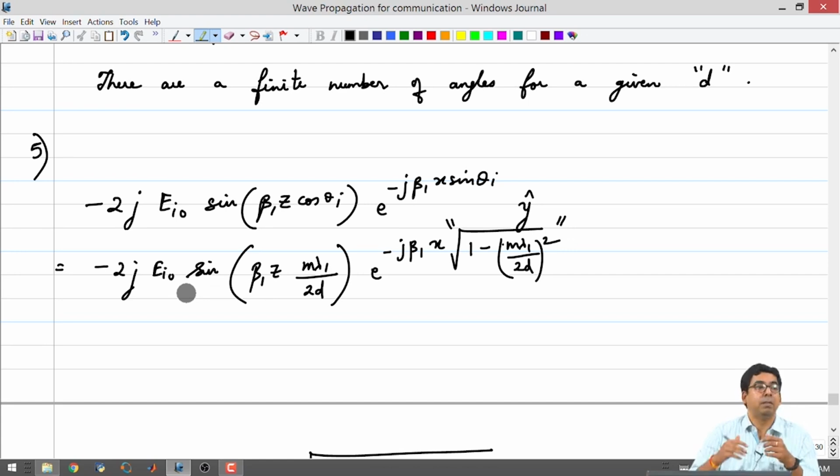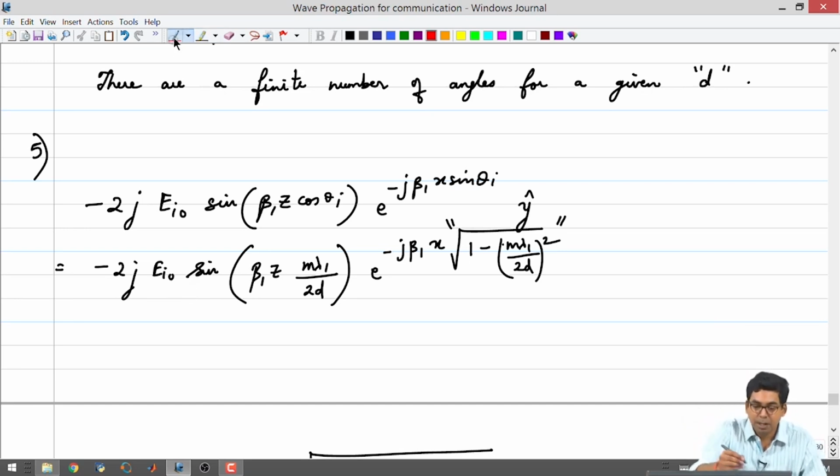In the previous class, when we tried to write a program and visualize the fields, we saw that there is a standing wave pattern in the z direction. The nodes are fixed with respect to z direction. You will clearly notice a standing wave pattern for the magnitude.